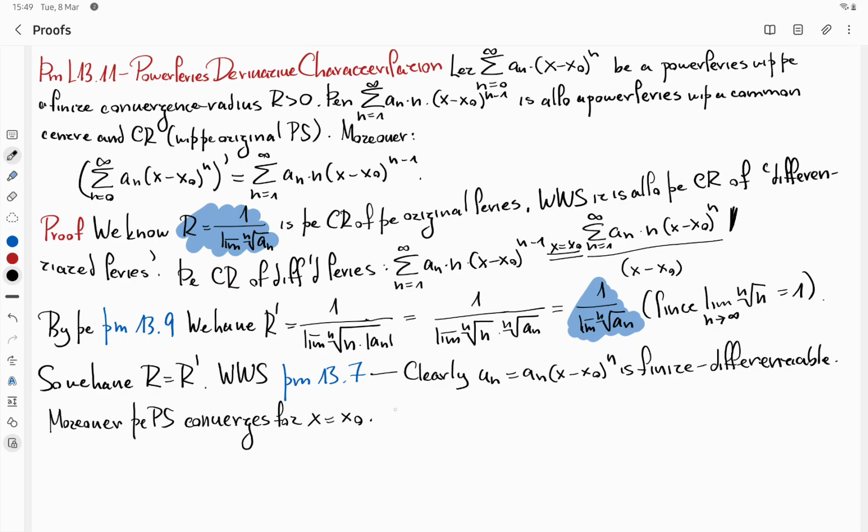And we know that the series of the first derivatives of the functions from the function series, in this case a power series, does converge uniformly locally on this open ball.